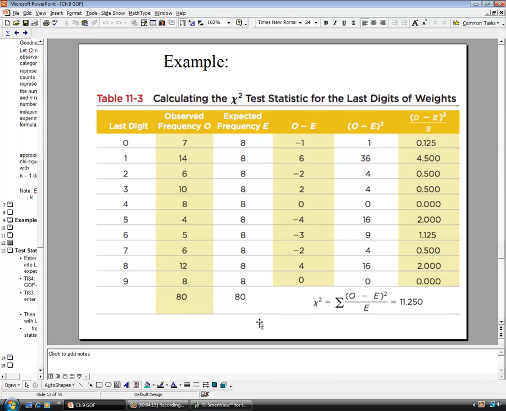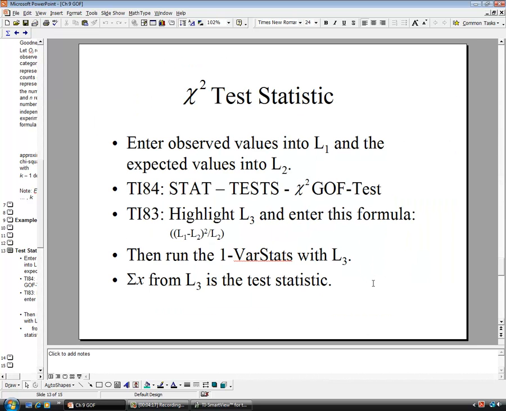Now how to do that in the calculator. Here are the instructions. So we want L1 and L2 to contain the observed values and expected values respectively. Those of you with the TI-84, we're going to run the stat test and then the chi-squared goodness of fit test. You're going to enter in the proper list, and I'll show you how to do that as well.